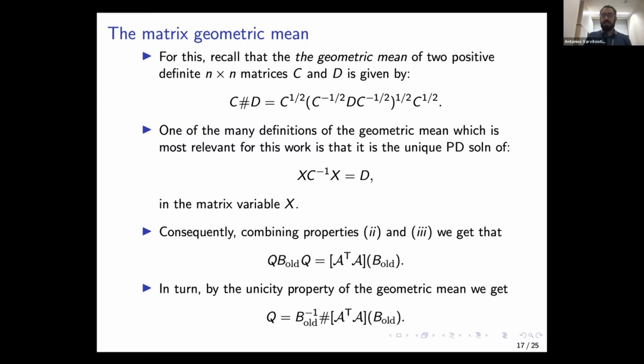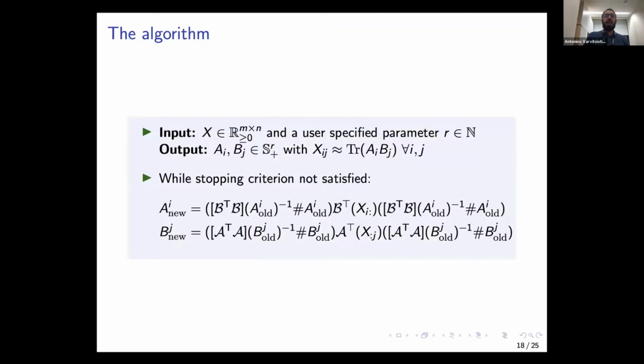Thanks. So Q is uniquely specified, and it's given by the mean between B old and A transpose A B old. Essentially that's the algorithm.